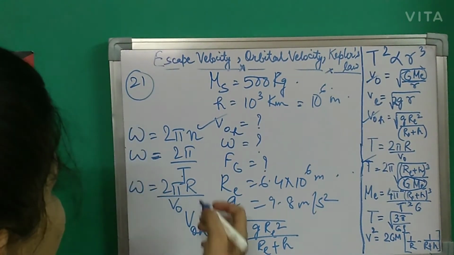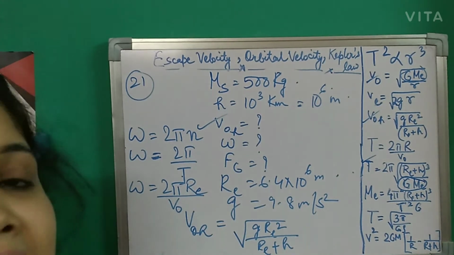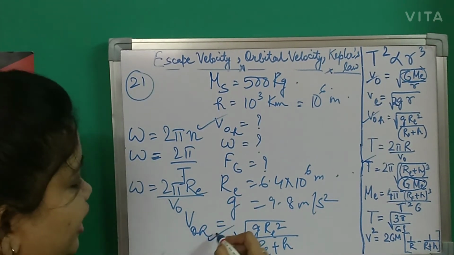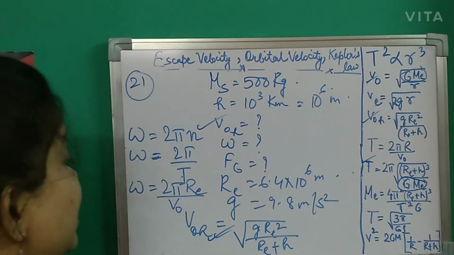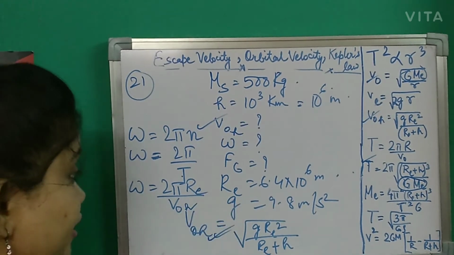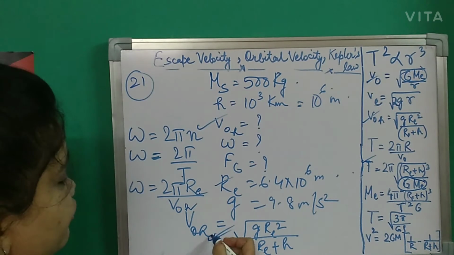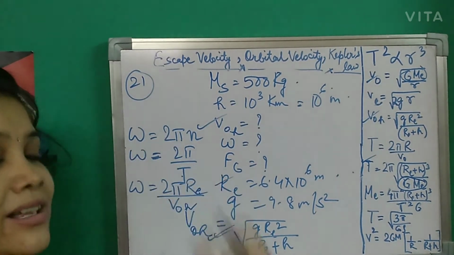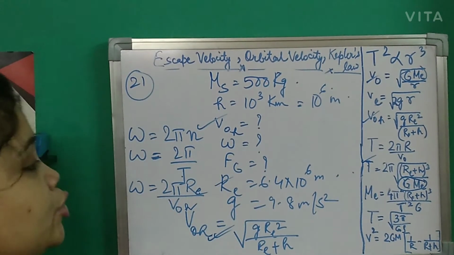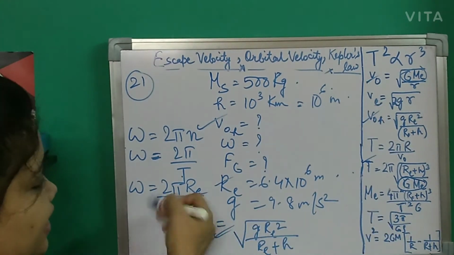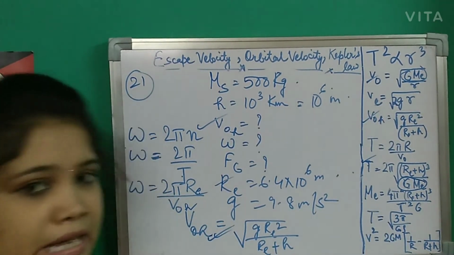Now what is this r? It is nothing but RE. From here you are getting the orbital velocity, and the height is given, RE is given to you. You can easily put the values of V0H and RE and get the angular velocity. You don't have to go for time period. You can easily put it over here, solve and get the answer.